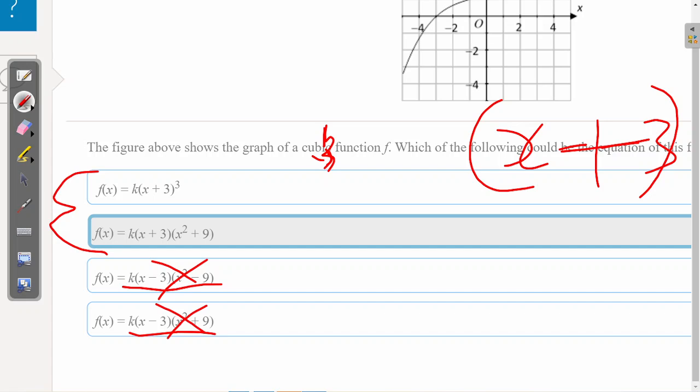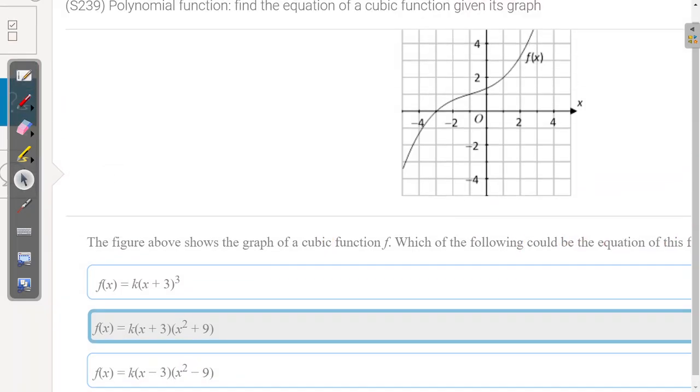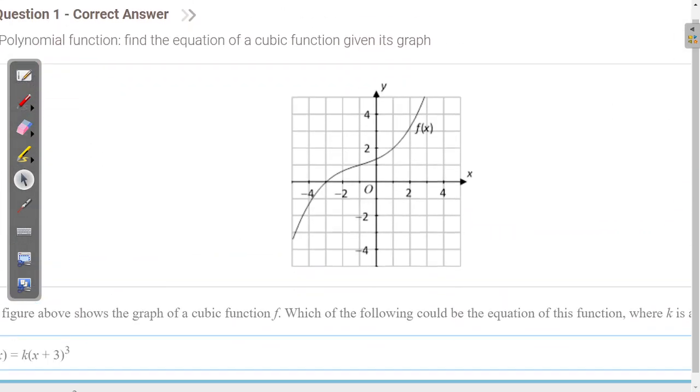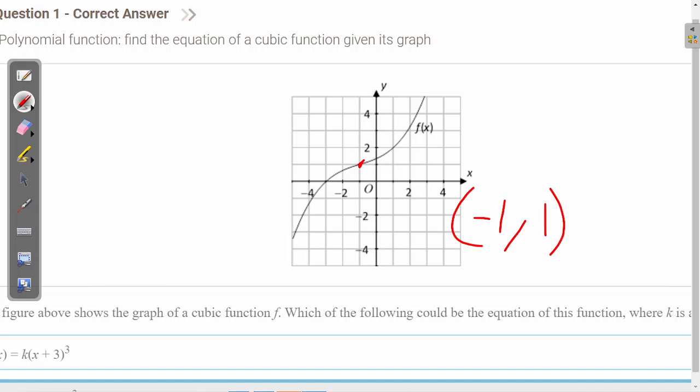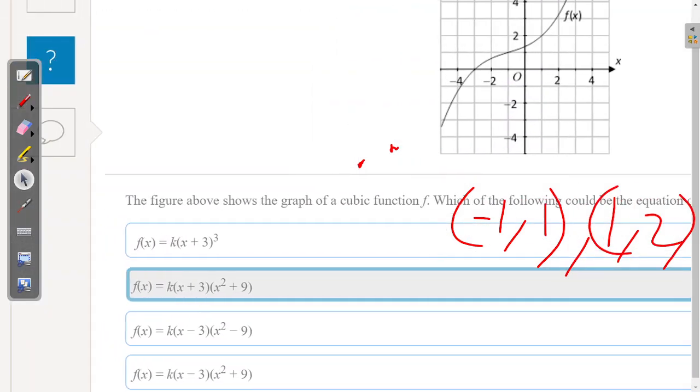To know the difference, you have to substitute with points on the graph. Okay, I'll choose easy points. This one, -1, 1, and this one is 1, 2. How will you use them?